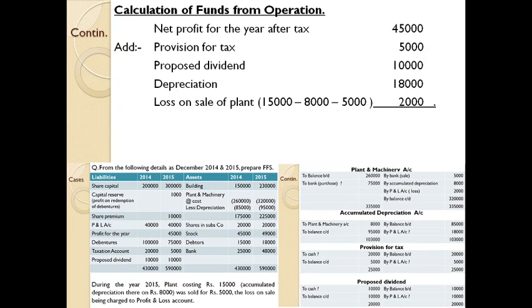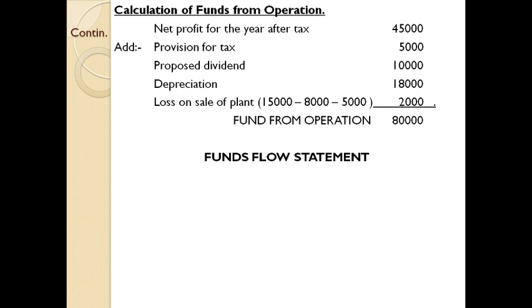So here that transaction involves only non-current items. We only consider those items in which the transaction has both non-current as well as current items. So we are neglecting this 1,000, and let us deal with these amounts, and you will get fund from operation of 80,000.